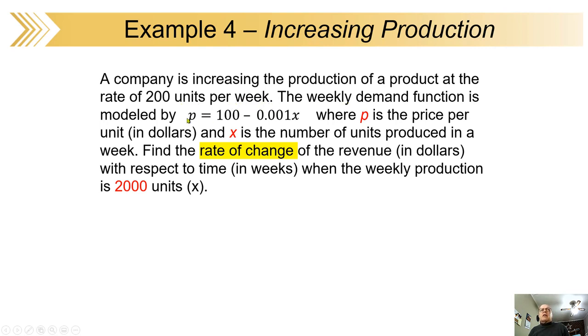The demand function, remember that always has P and X in it. P is the price for each item. X is how many items. That'd be how many you could sell or how many you're producing, whatever the situation is. You want the rate of change of the revenue.